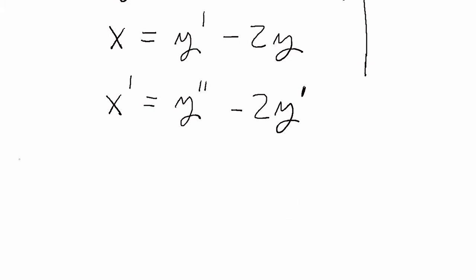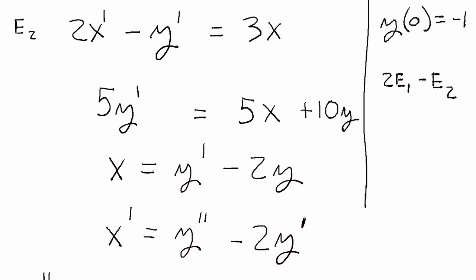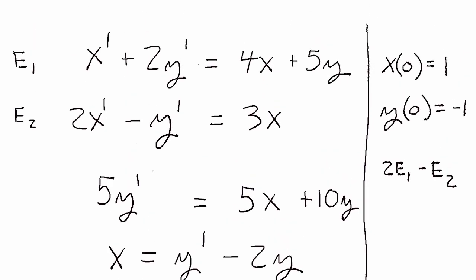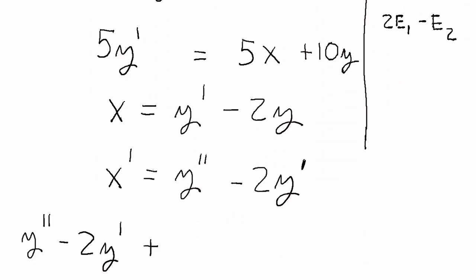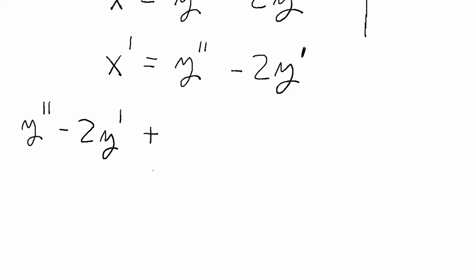From equation 1 we get y double prime minus 2y prime, that's x prime, plus 2 times y prime, we leave that alone.